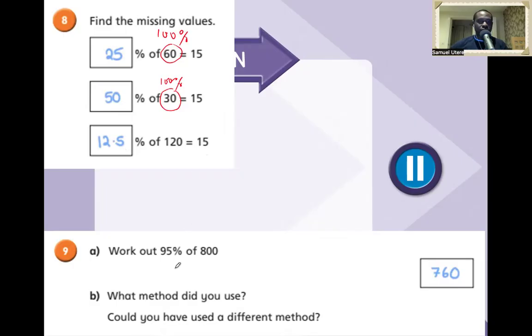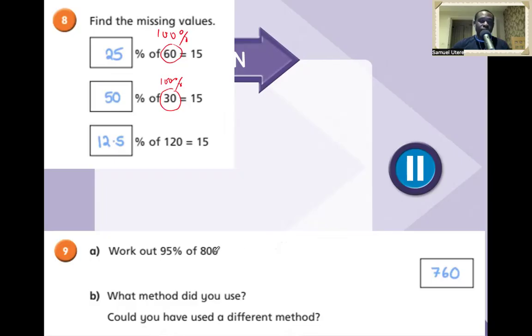Okay. Next, you ask, work out 95% of 800. There are different ways to do this. You're being asked which method you used. So you could find 10%. 10% of 800 is to divide by 10, which is 80. Half of that will give you 40. So you now have 40 as 5% of 800.